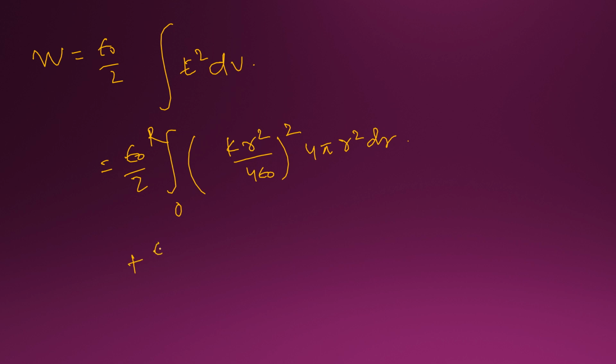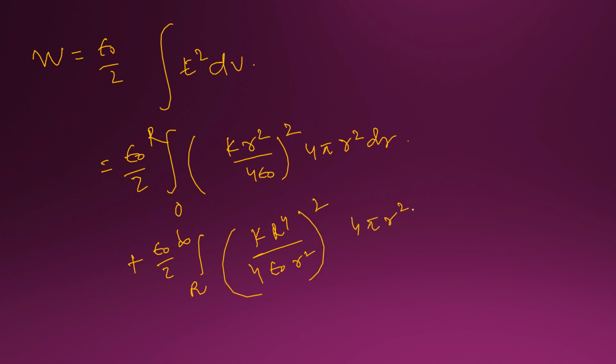So ε₀ by 2, E² for the inside point, E² will be k r² by 4ε₀, squared, into 4πr² dr, plus ε₀ by 2, r to infinity, k r⁴ by 4ε₀, squared.